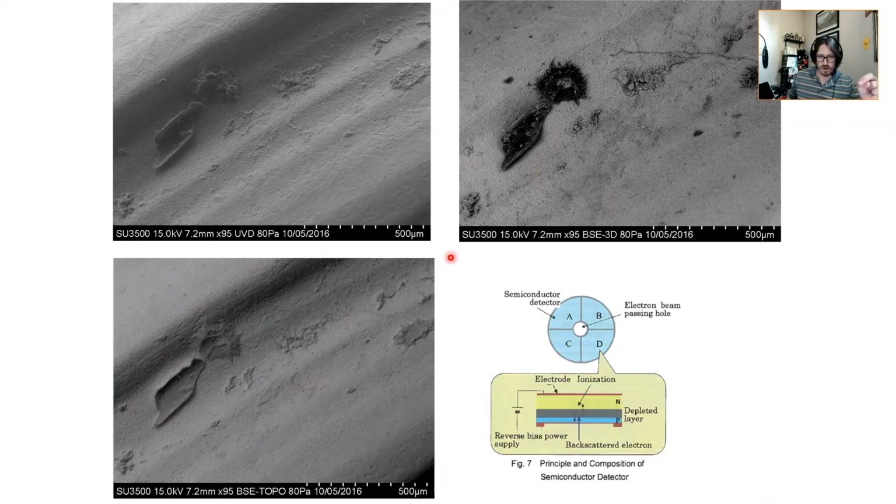These two are backscatter imaging, and this is a different type of detector called an ultra variable detector. It's actually proprietary to Hitachi, and you can see that you get slightly better topographical information off of a UVD detector. And that's because with the UVD detector, the image is analogous to a secondary electron detector. And I'll talk a little bit more about this.